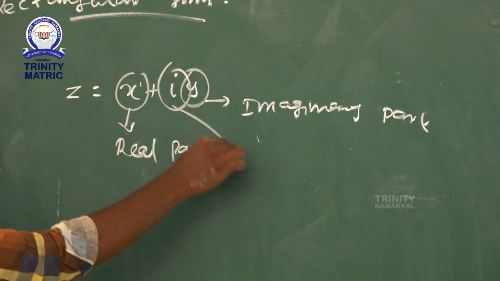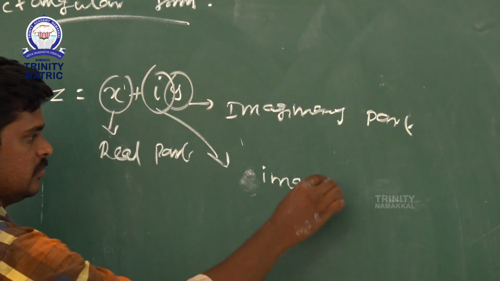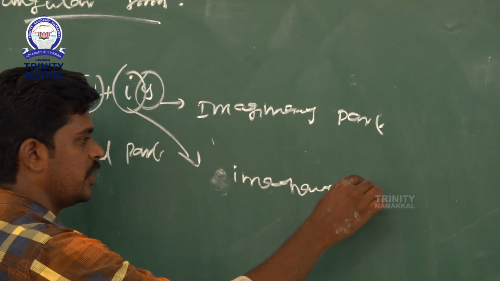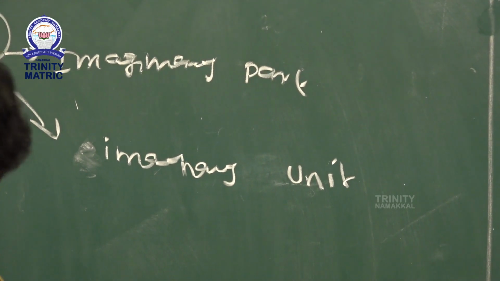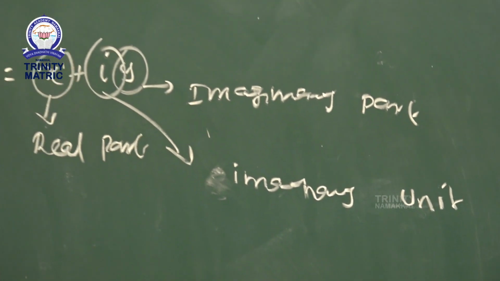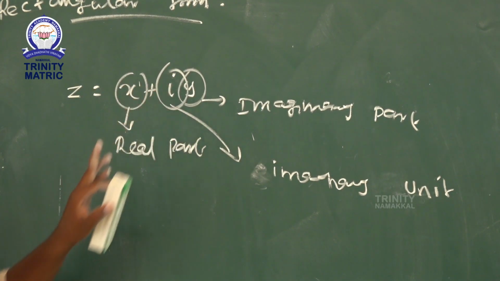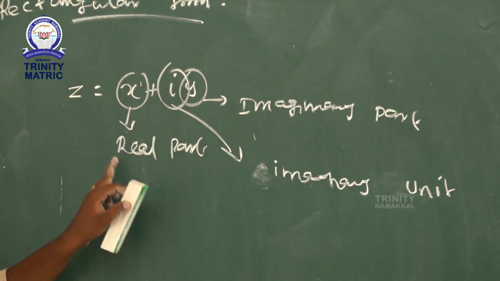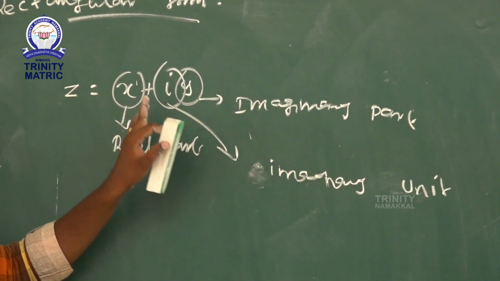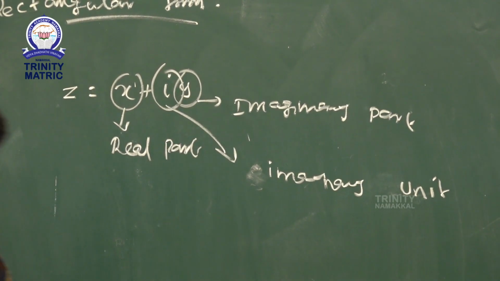What is i? i is the imaginary unit. So z equal to x plus iy, where x and y are real numbers, x is the real part, y is the imaginary part, and i is the imaginary unit. This is the rectangular form of a complex number.